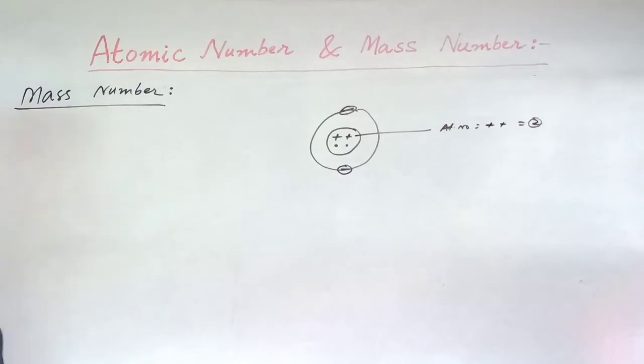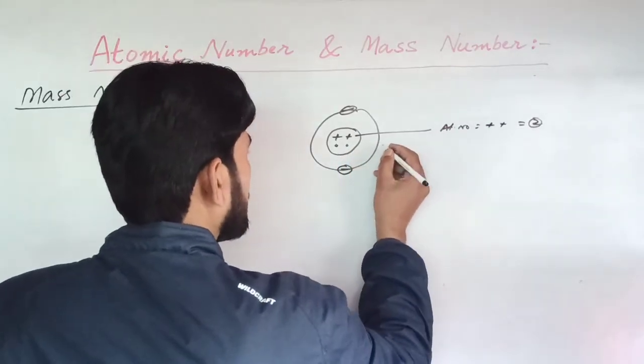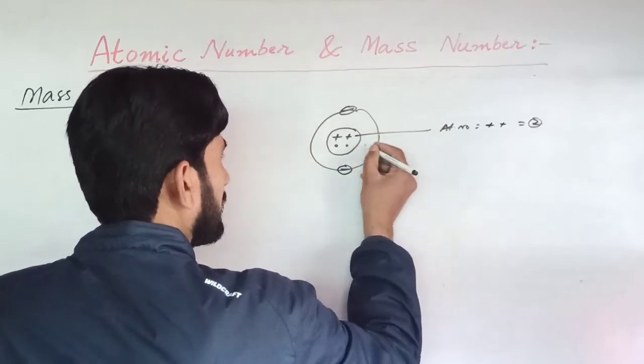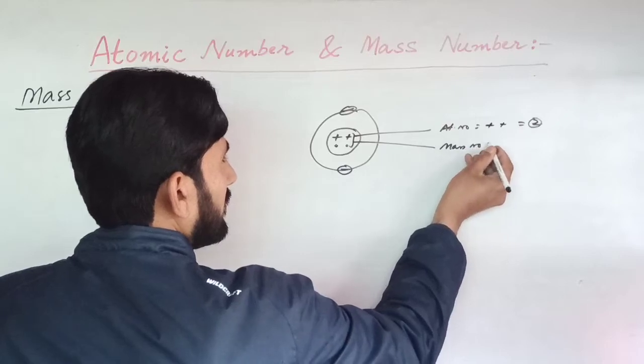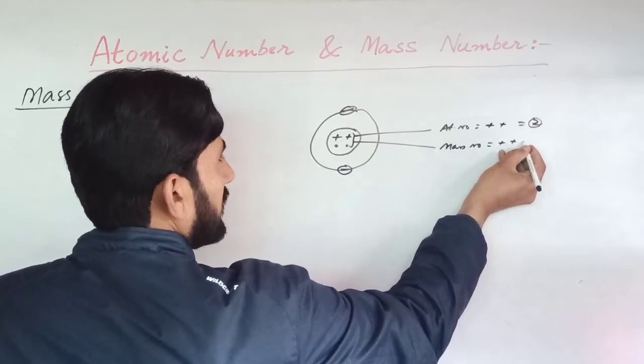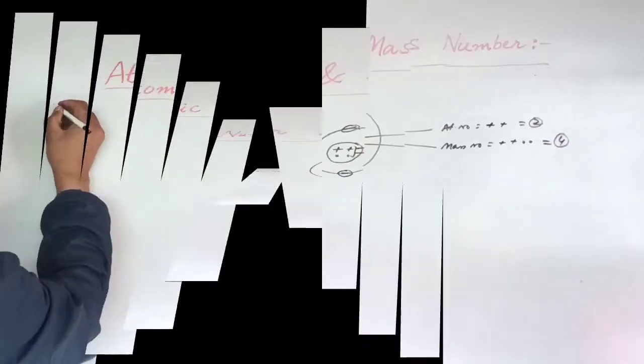Its atomic number is 2 because it is equal to the protonic number, whereas its mass number is equal to the sum of protons and neutrons, which is equal to 4.